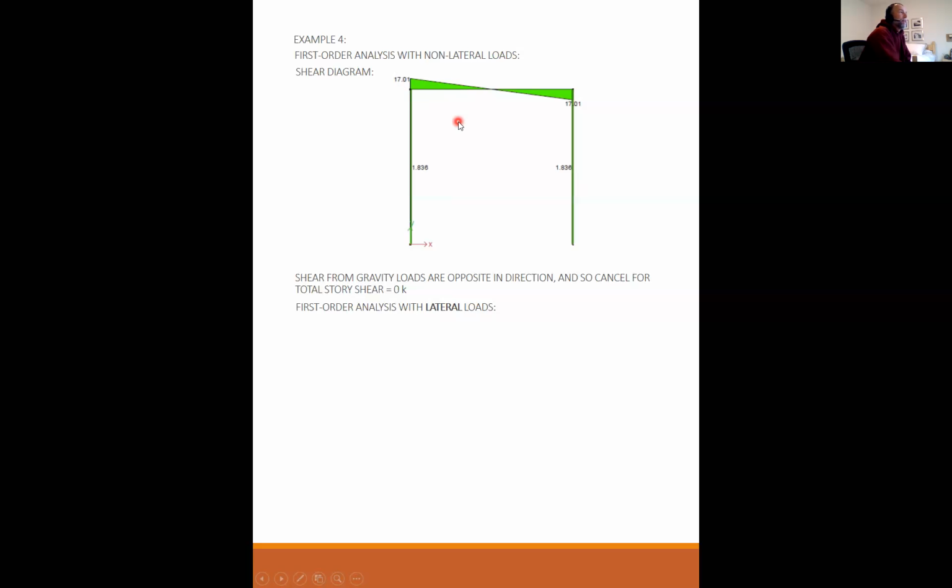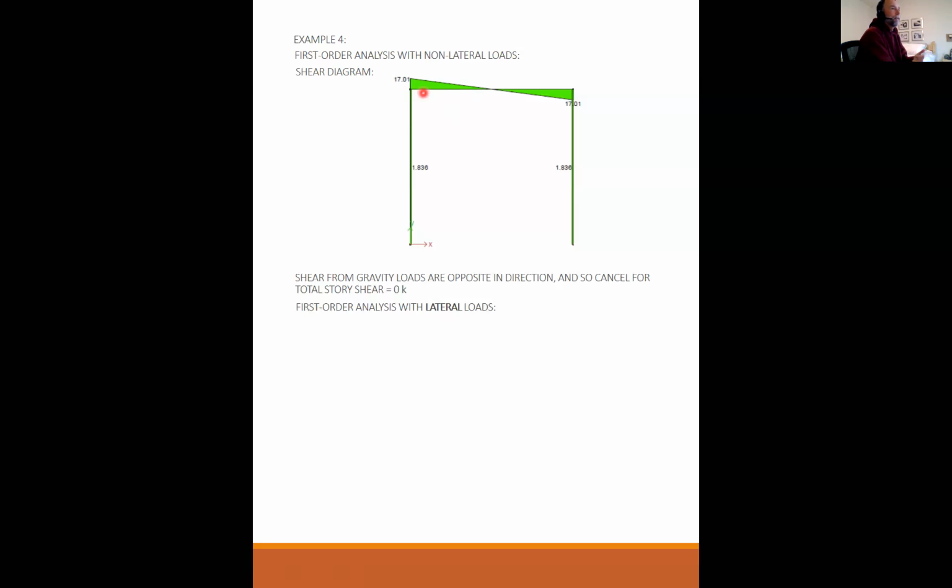And so it iterates, and it does this like thousands and thousands of iterations until either the whole frame settles at some new location, which includes the effects of P delta, or it doesn't converge at all and the whole thing just fell over, which could happen. So a first order analysis does not take into account that anything has moved. It doesn't look at this axial load shoved over by so many inches.